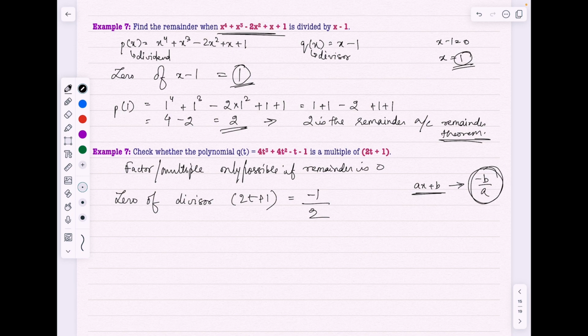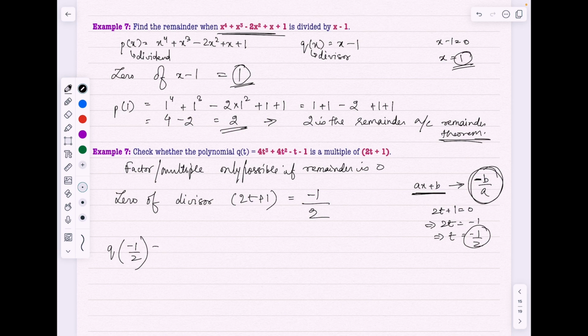So the 0 of the divisor 2t plus 1 is minus 1 by 2. Or you can do 2t plus 1 equals 0, so 2t equals minus 1, so t equals minus 1 by 2. Same thing. Understood? So we have to find the value of the dividend, that is q of t, at minus 1 by 2.